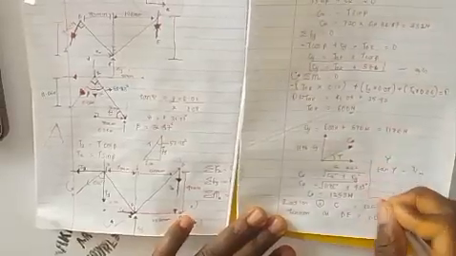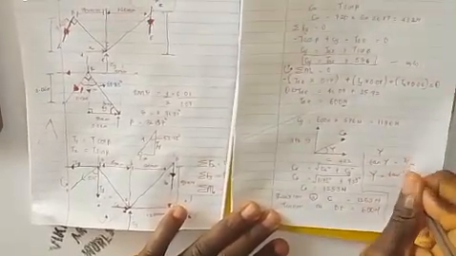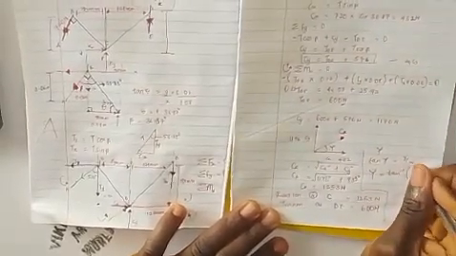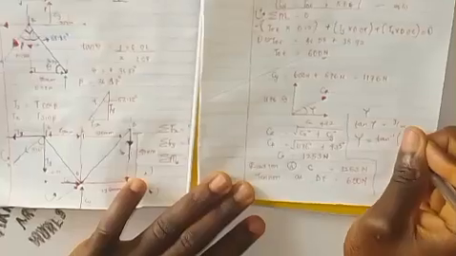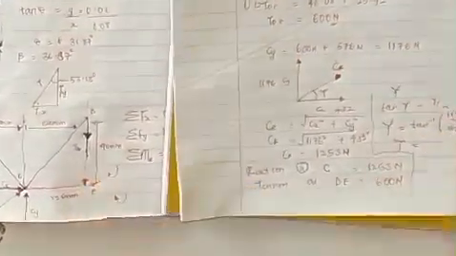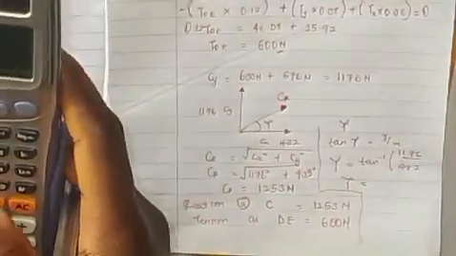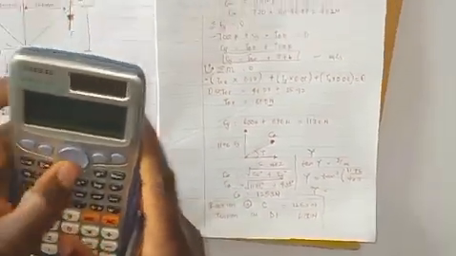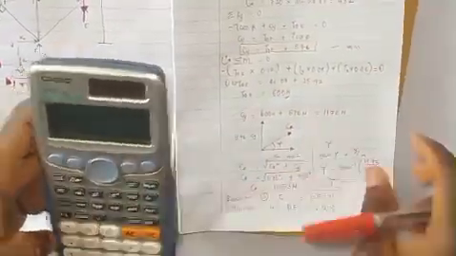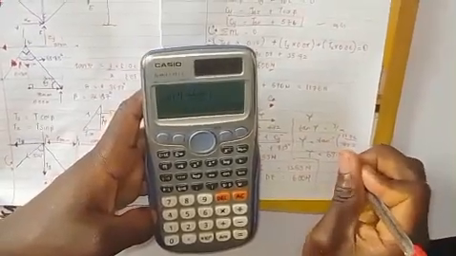So that means our gamma will be equals to shift tan arc of 1176 over 432, which is 69.83 degrees.